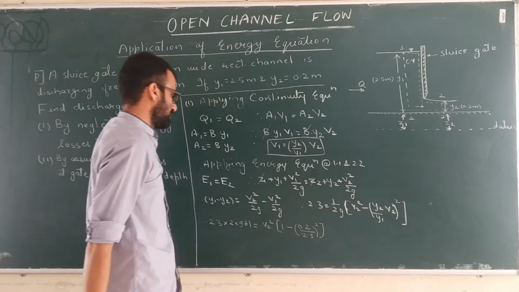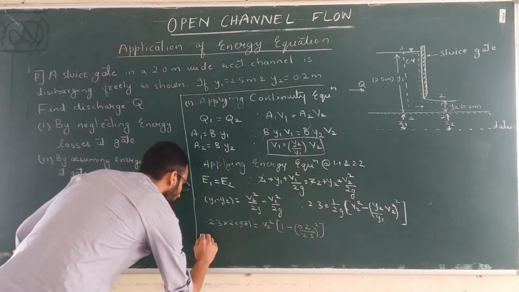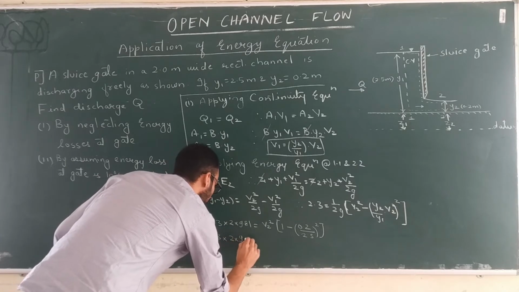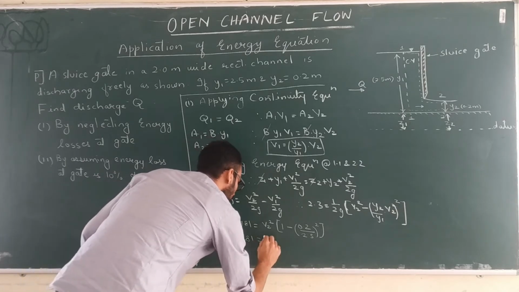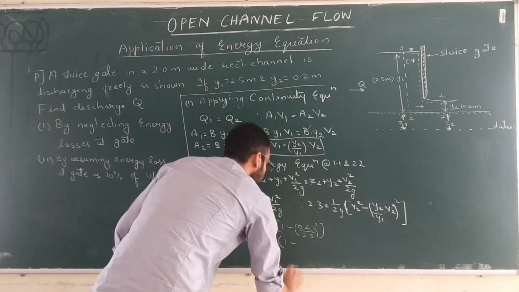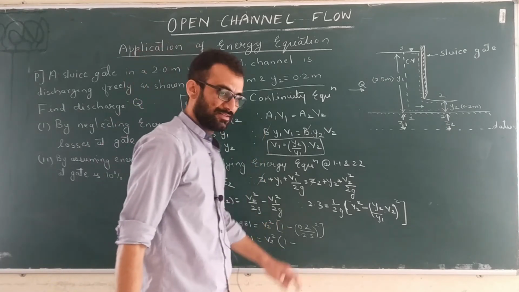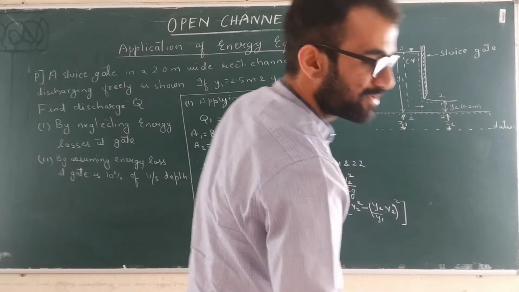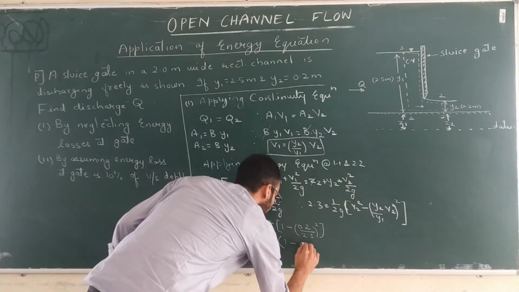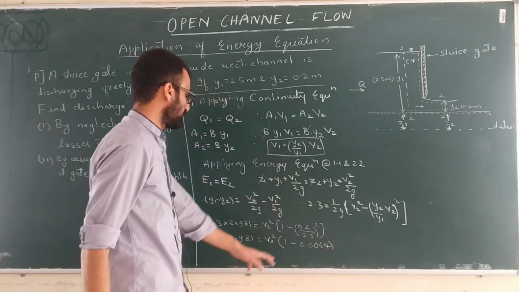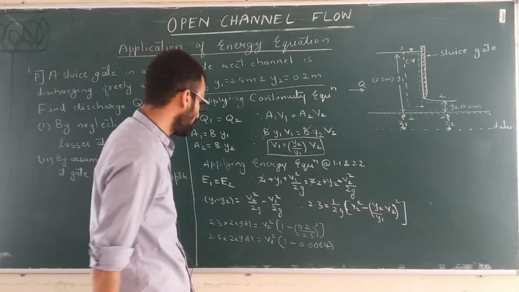So 2.3 into 2 into 9.81 equals V2 square into 1 minus this value, which comes out to be 0.0064. Almost, you can also neglect it, but we still get the exact values.